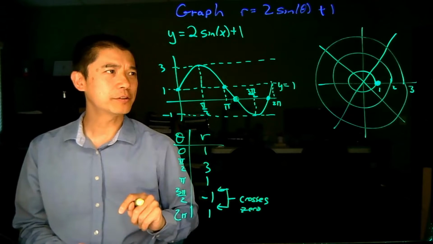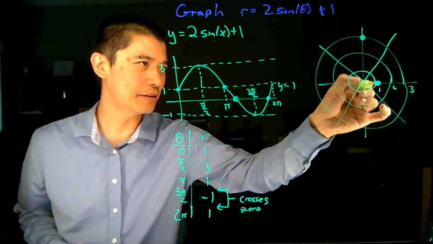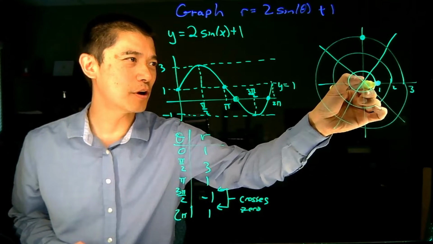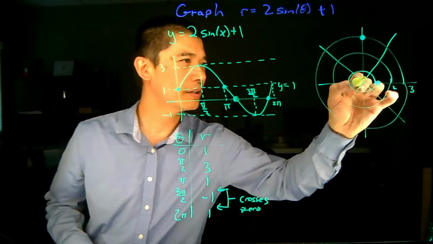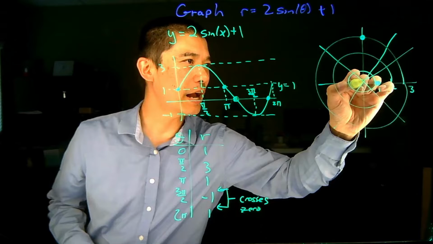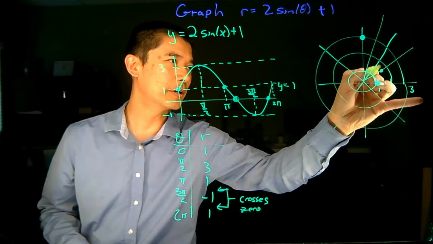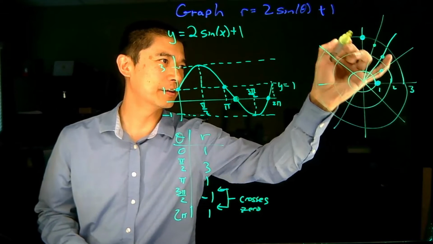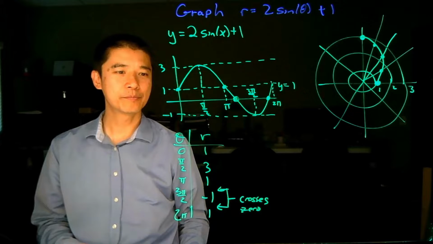When you get to pi over 2, that radius is 3. So pi over 2, radius 3. Now again, it's not helpful to draw a straight line from here up to here. You want to break up that interval into a bunch of pieces that work their way out to the value 3. You're starting at 1, and then at the next angle it's a little bit bigger, a little bit bigger, a little bit bigger, getting up to 3. So it has that type of shape.